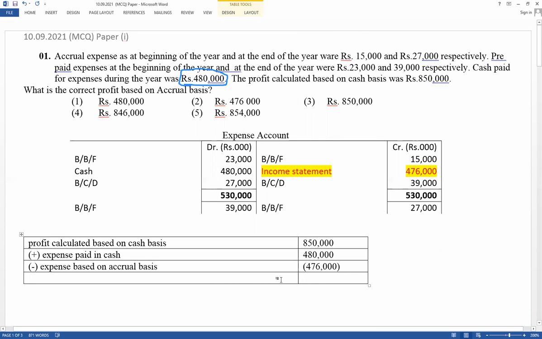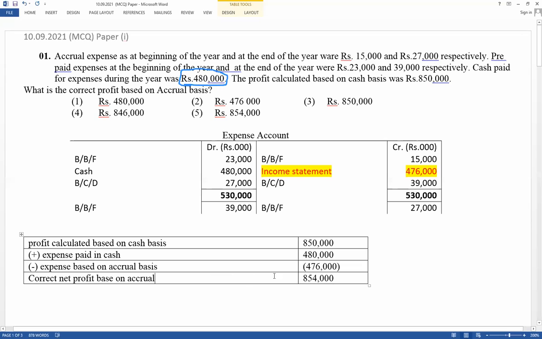Therefore, the correct net profit based on accrual basis is equal to 854,000.